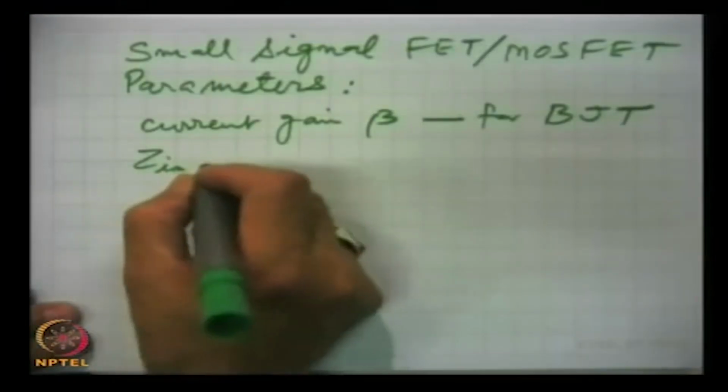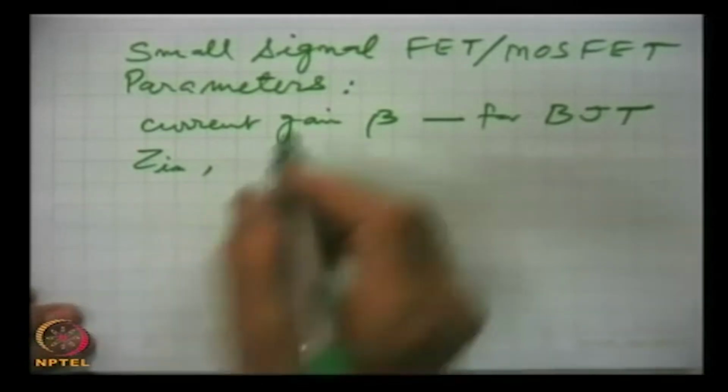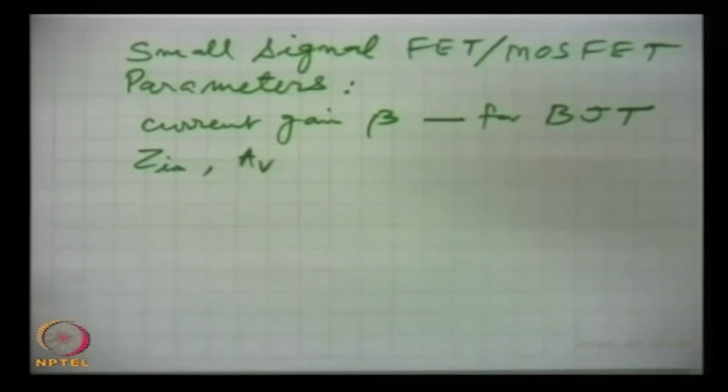This parameter beta appeared in the expressions for input impedance Zin or voltage gain and so on.